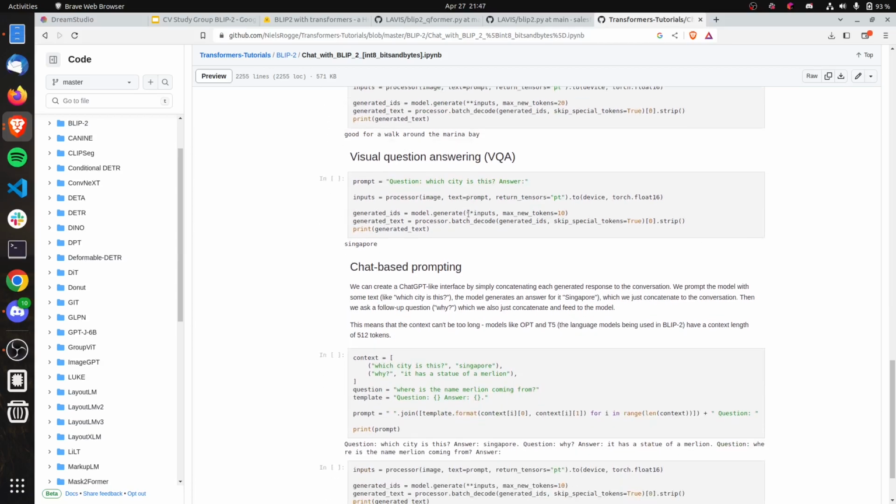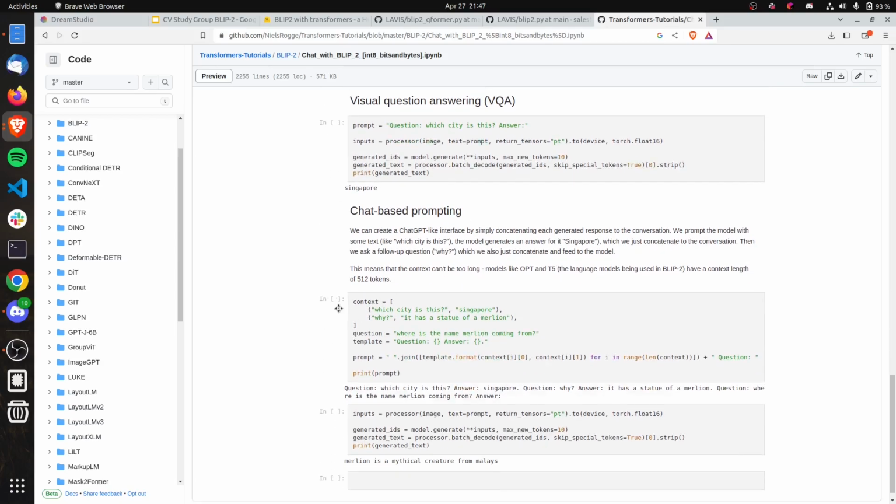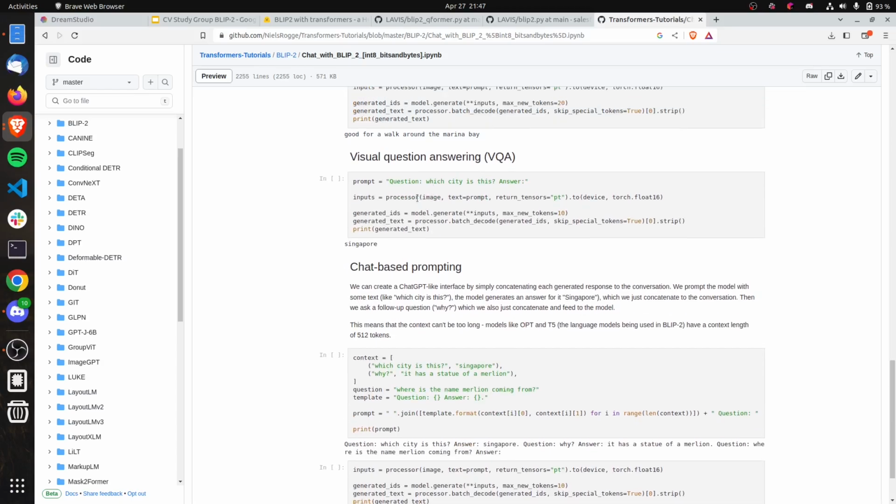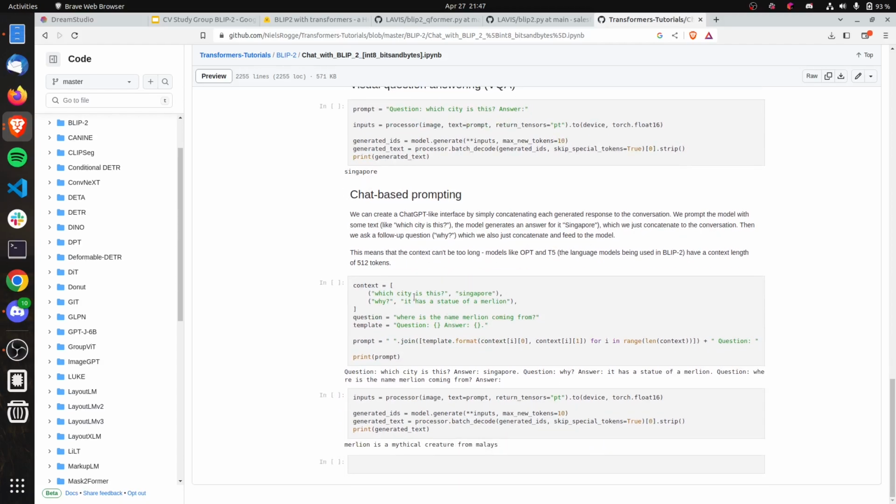So what if you want to chat with it, right? So here's visual question answering. Again, the same, but if you want continuous conversation, you can concatenate the prompts. You've got this template, question and answer, and you put the question you ask into the question slot, then you get back the answer and put it into the answer brackets.